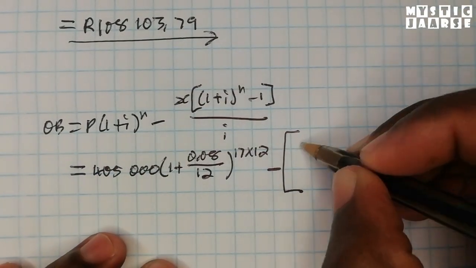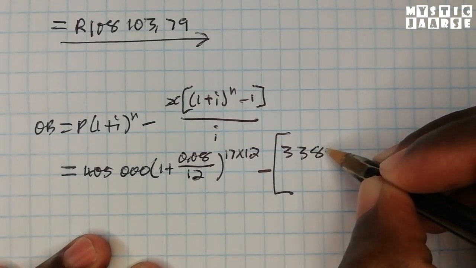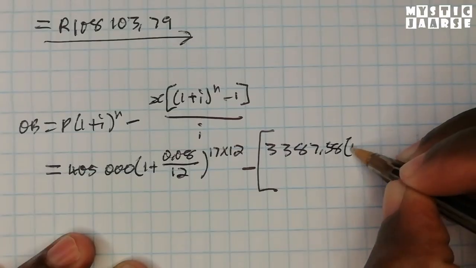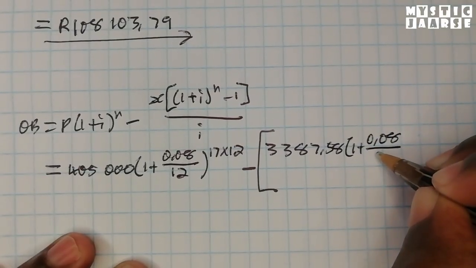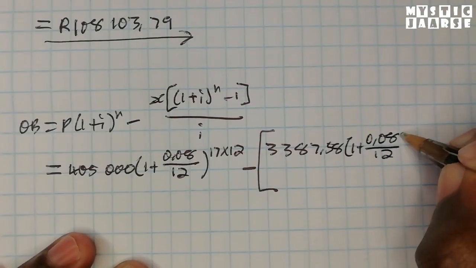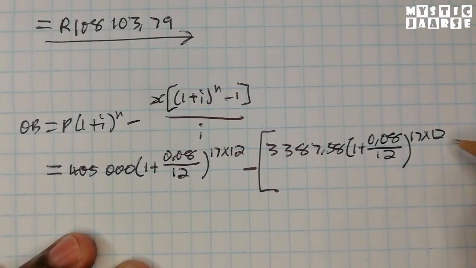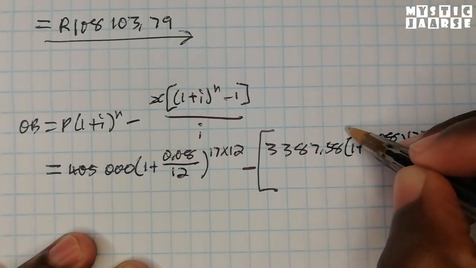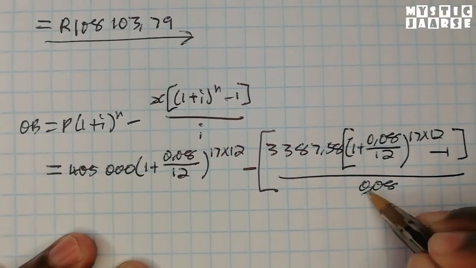Mr. Williams was making payments of 3,387 rand 58 cents into 1 plus interest rate, still 8% divided by 100, is 0.08, divided by compounding frequency 12, to the power of the number of payments, 17 times 12, minus 1, close. All divided by 0.08 divided by 12.